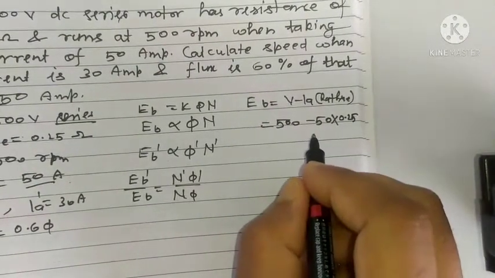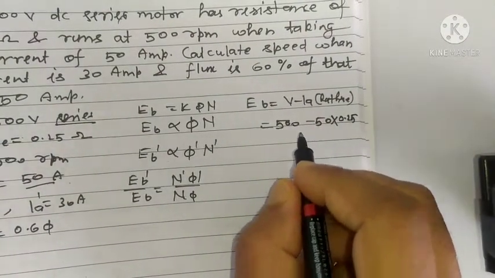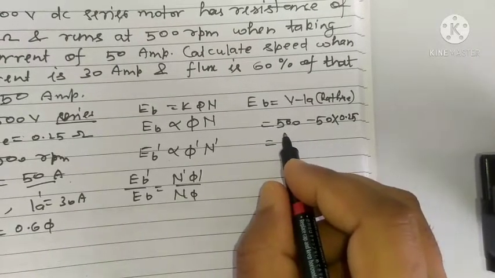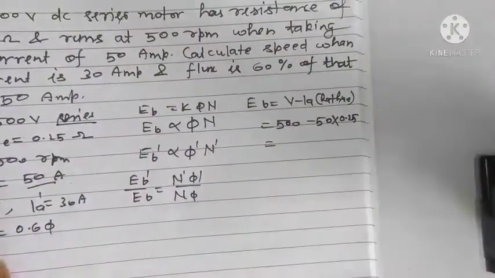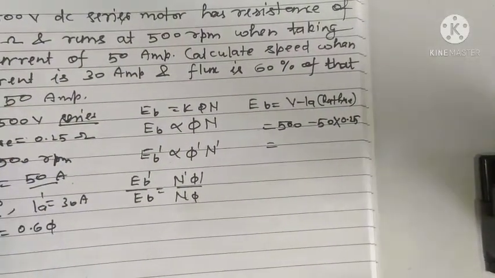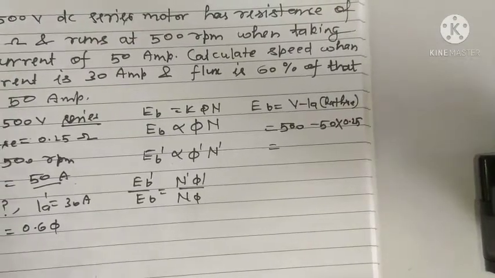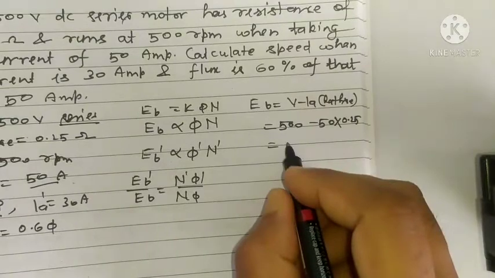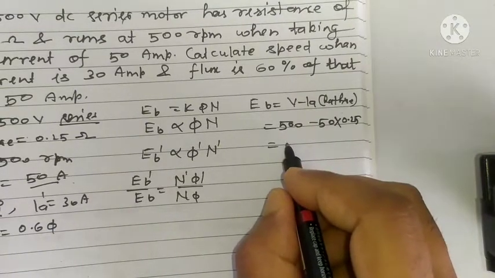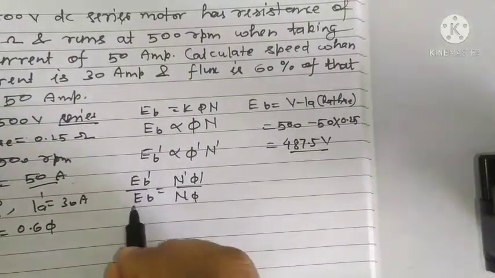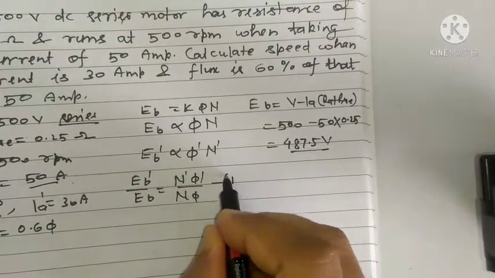So 50 into 0.25 is 12.5. So 500 minus 12.5, it will be 487.5 volt. We got this value EB, so this is equation 1.